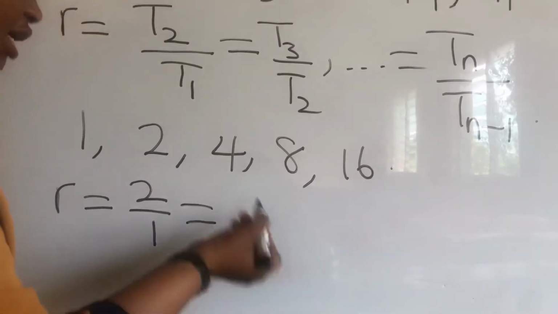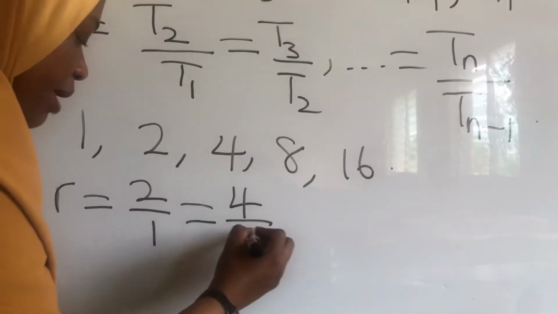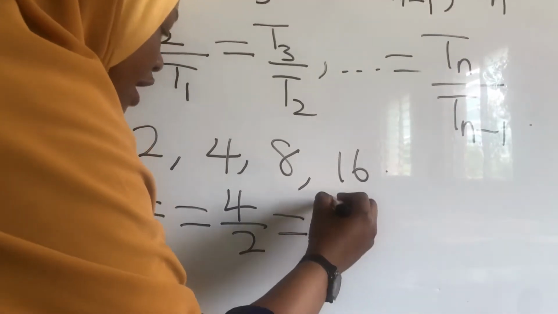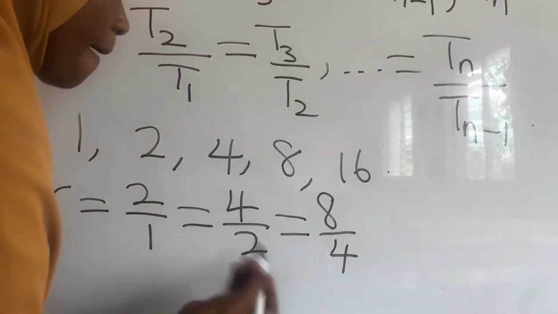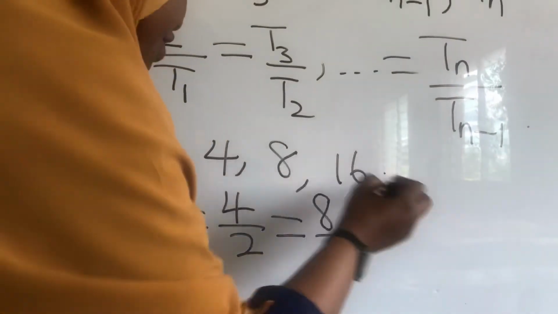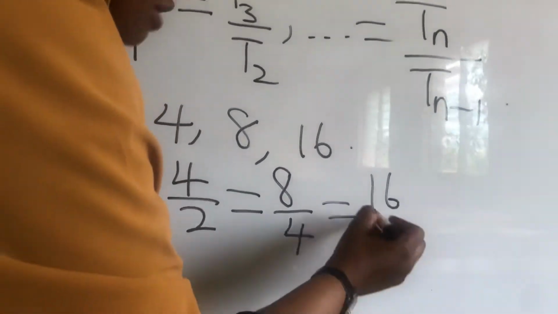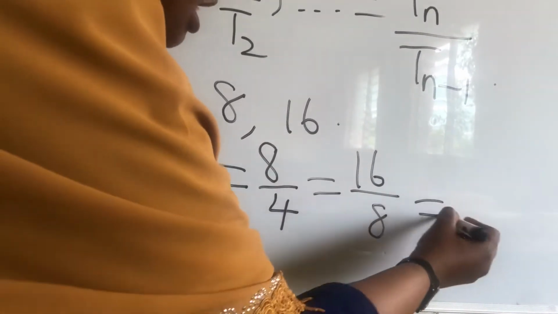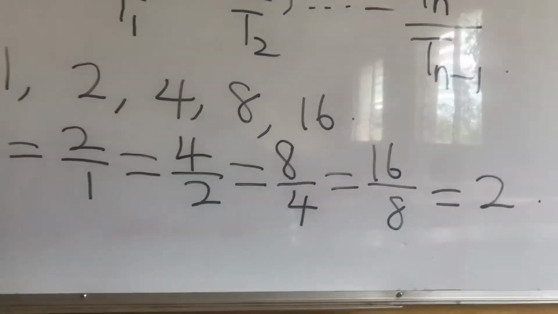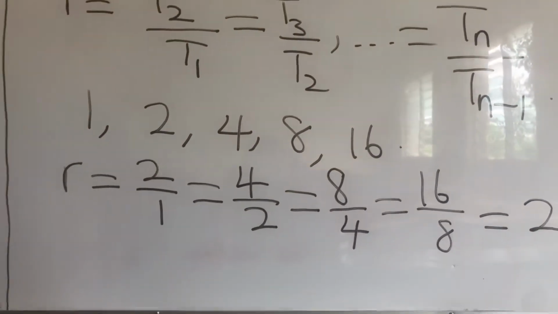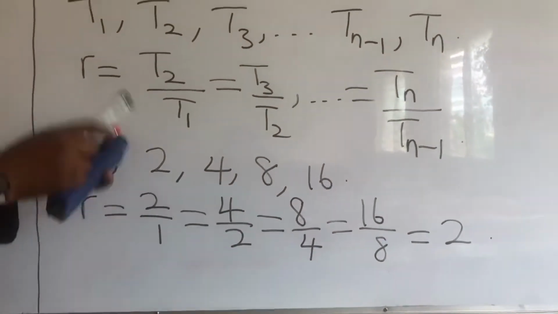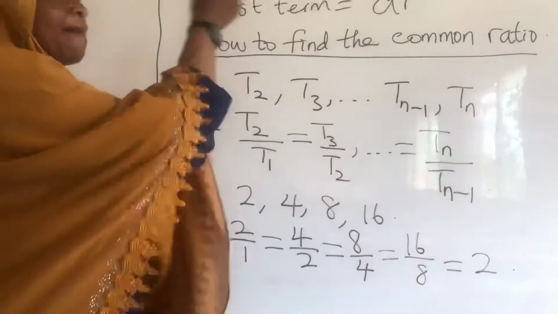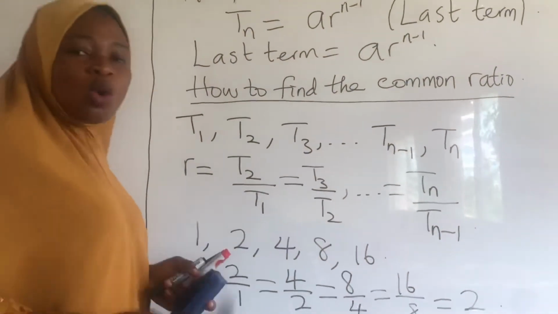It is the same as the third term divided by the second term, the same as the fourth term divided by the third term, then the fifth term, which is 16, that is the last term, divided by the second to the last term, which is the fourth term. Everything gives 2. So that is how to find the common ratio. Now, for GP, it is either you multiply or you divide. But for AP, it is either you add or you subtract.